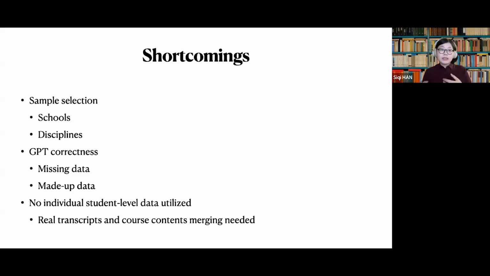So if we can gather all the courses taken by real students, we merge them with the course descriptions in their schools. Then we can do it at the individual level and merge it with individual earnings. Of course, that's something that we are doing now.